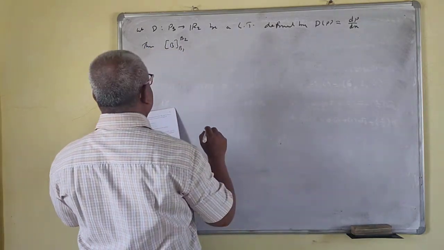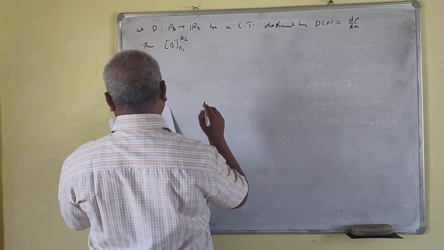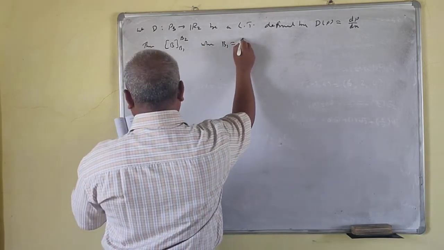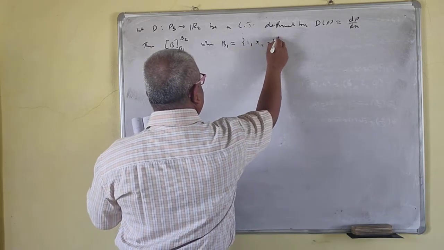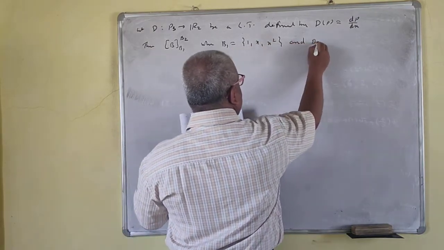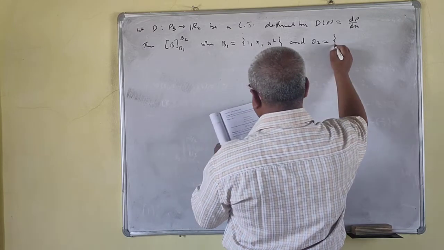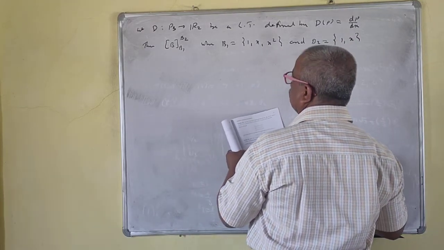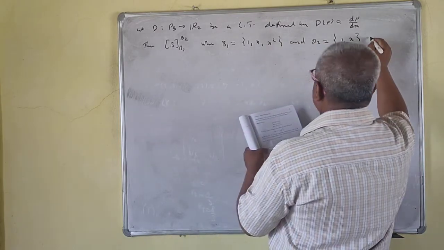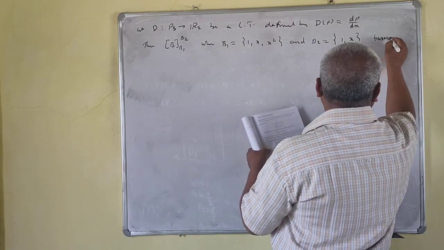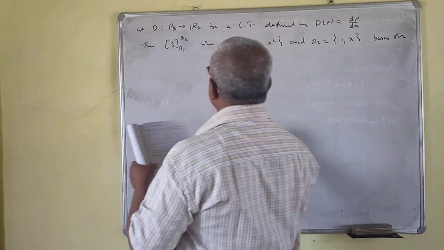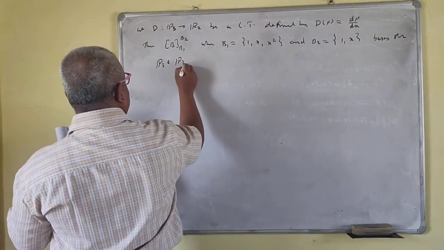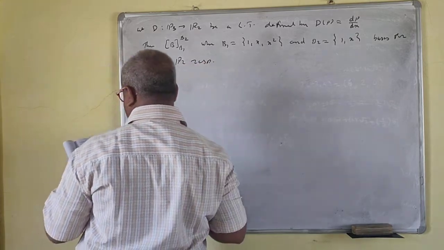Standard matrix of D with respect to this. Okay. Where B1 is equal to 1, x, x square and B2 is equal to 1, x, basis for P3 and P2 respectively.